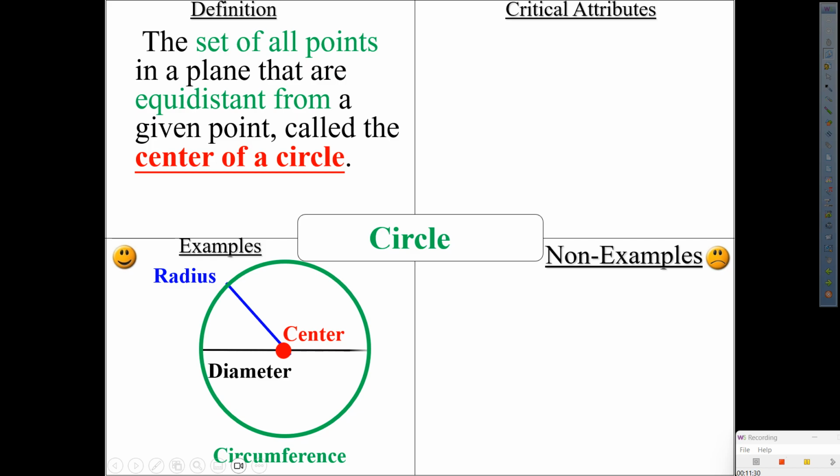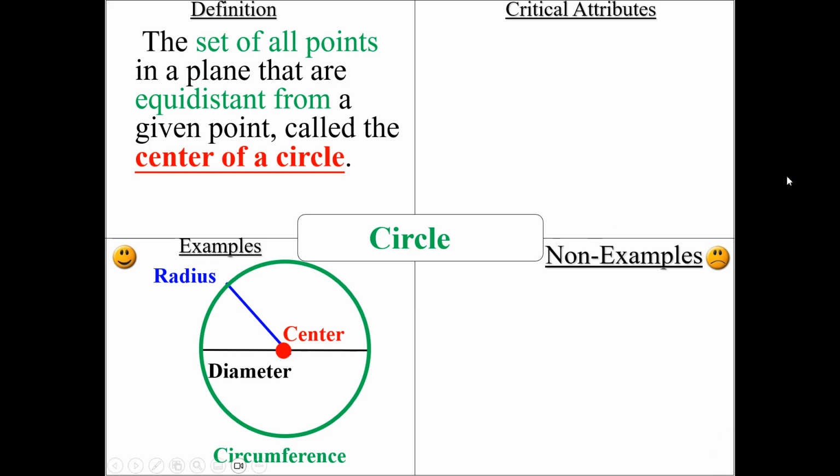Is that pretty straightforward? Yes. But I just want to emphasize that the circle is made up of a bunch of points that are the same distance from the center, equidistant.